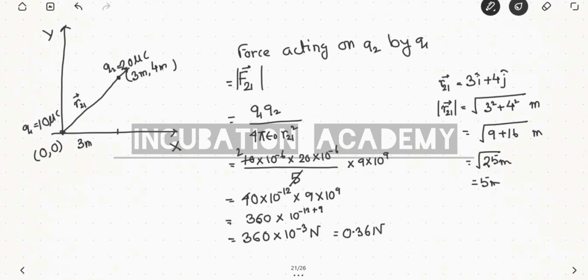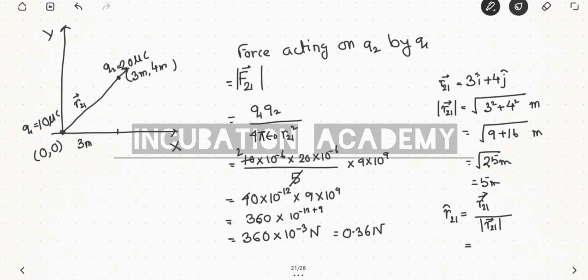So the direction is obviously in the direction of increasing R. So we can say this is nothing but R21 cap. We can find it this way: R21 vector divided by the magnitude of R21.